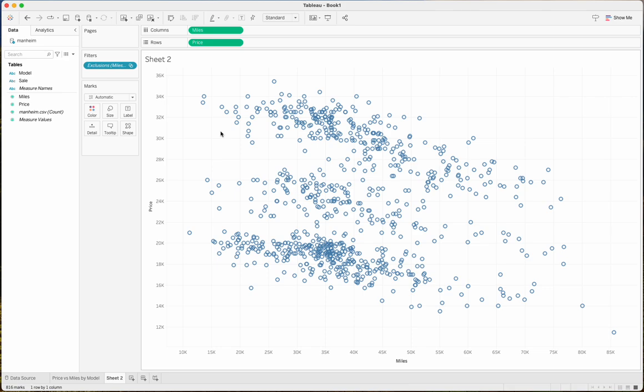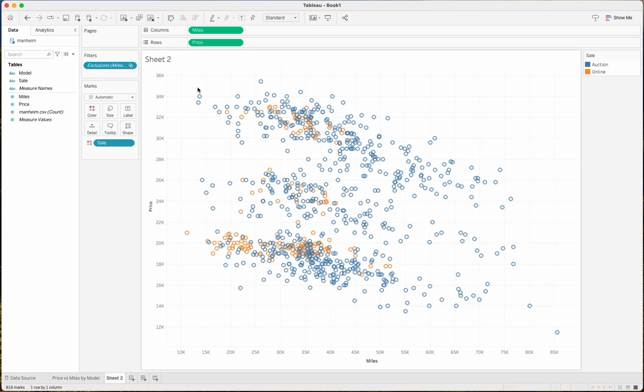So one of the things I could do is take the way the car was sold and drop it down to color. So we can see that we now have yellow observations indicating the cars sold online, blue observations indicating the cars were sold at auction. Now a couple of things to notice about this. Notice that there are a lot more cars being sold at auction, which is great, right?